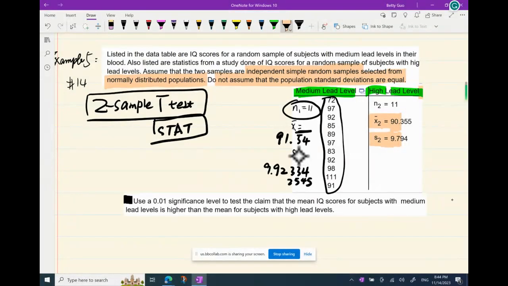I would round S1, same with S2. Since X2 bar has 3 decimal places, S2 should also have 3 decimal places. I think it's reasonable to round this one to 91.545 and this one to 9.923. Yeah, that should work. Let me go back to fix it.